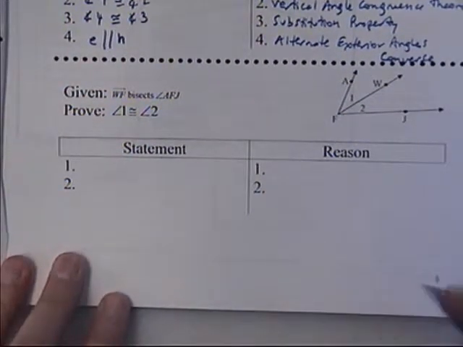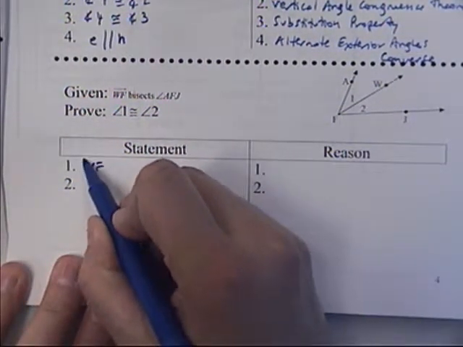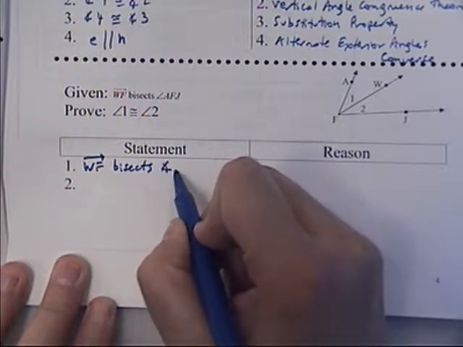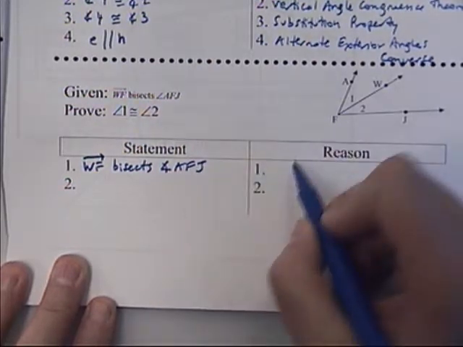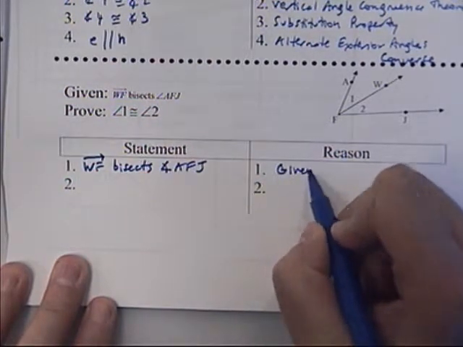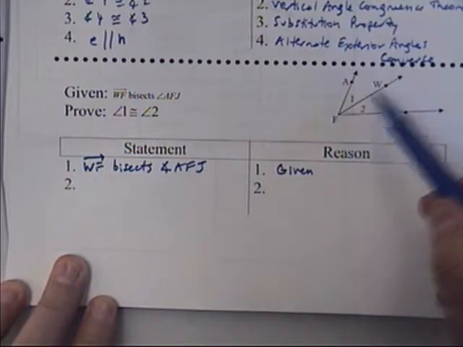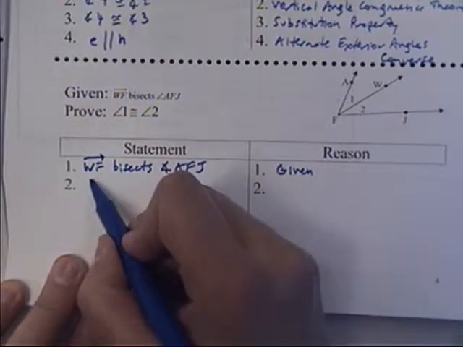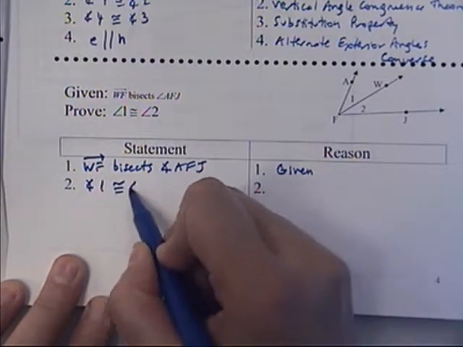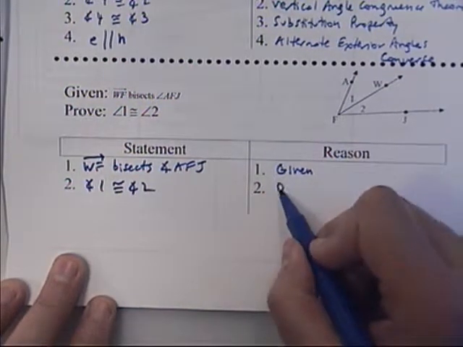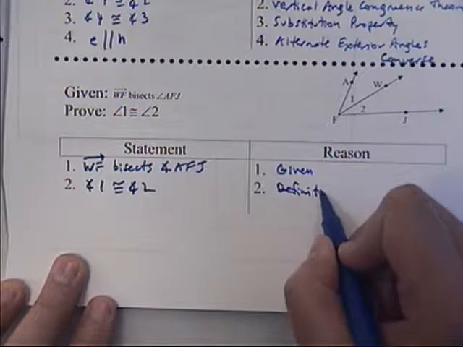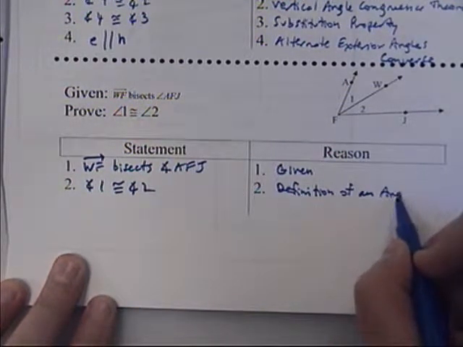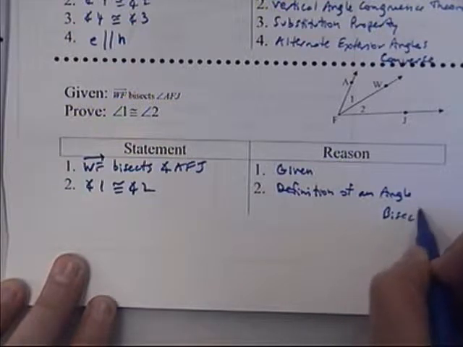All right, and then the final proof from this page says that WF bisects angle AFJ. Okay, so angle 1 would have to be congruent to angle 2 because of the definition of an angle bisector.